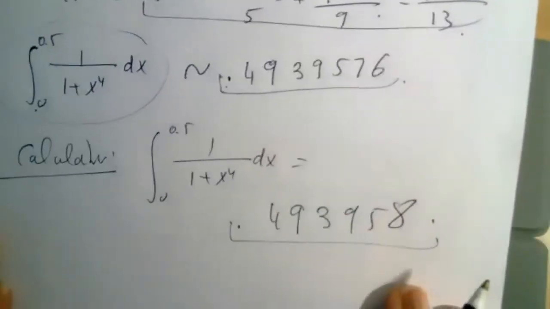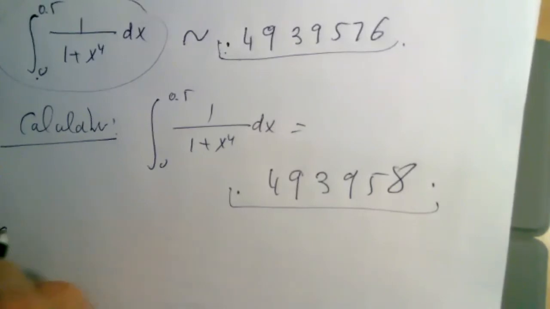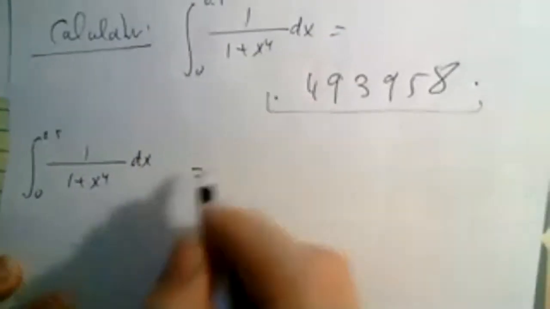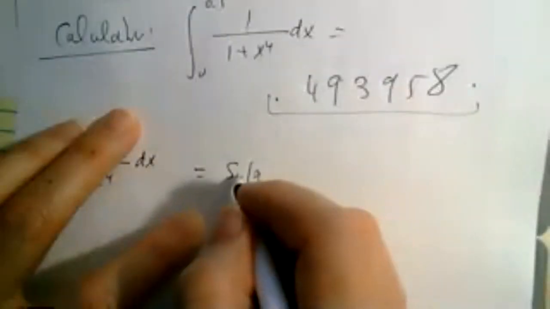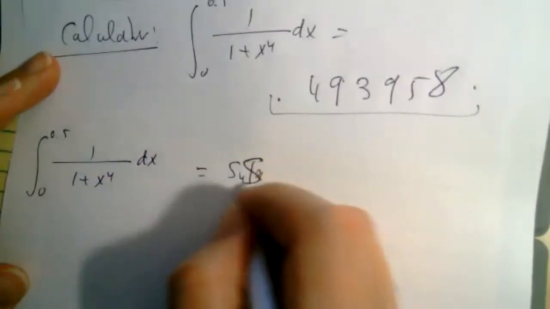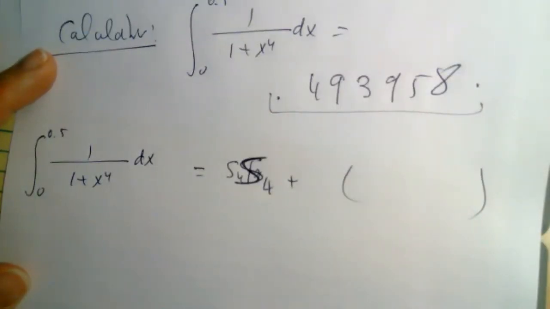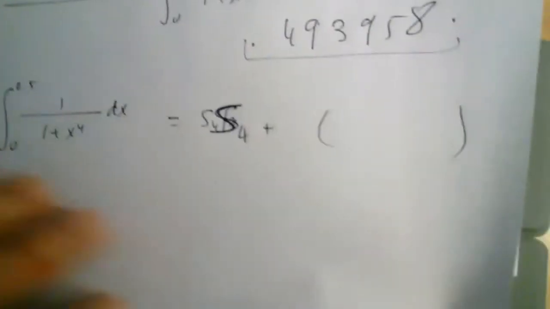Something really, really interesting, and I want you to point it out. If I take this integral and write it as S4 plus a bunch of terms here, because the integral is equal to this whole series of numbers, it means there are a lot of numbers right here.